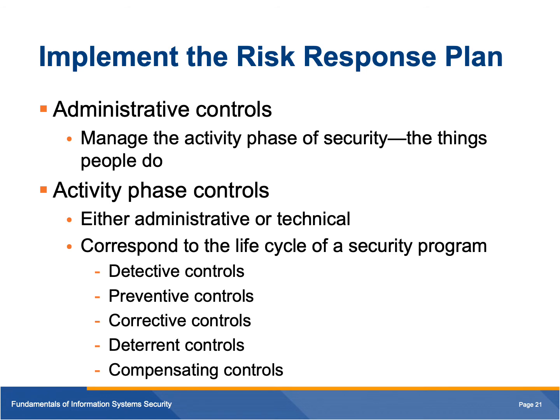Let me try to get this right. I'm trying to read the definition to make sure I explain it properly. The deterrent controls merely attempt to suggest that a subject not take some action, whereas a preventive control does not allow the action to occur.